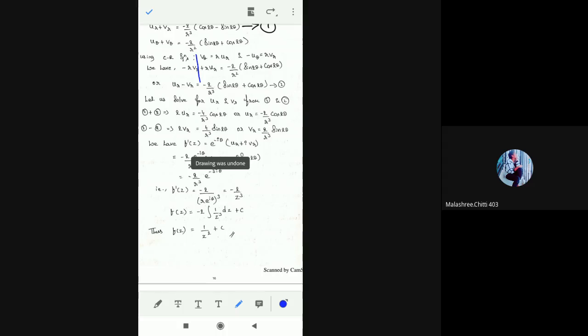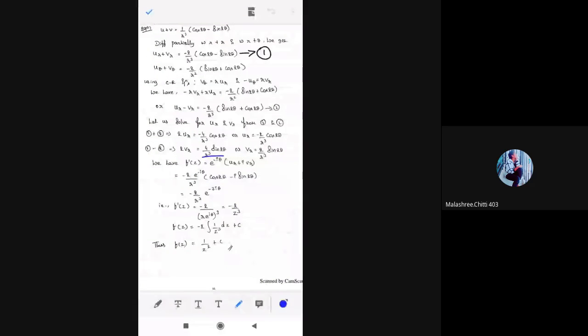Now see what I said, 4 by r cube into sine 2 theta. See, simple. Here plus sign we have. Okay. And in this equation, this minus we will send inside so that here plus will come. So when you send inside, minus cos 2 theta, the alternate sign will now be plus sine 2 theta. So what will get cancelled?